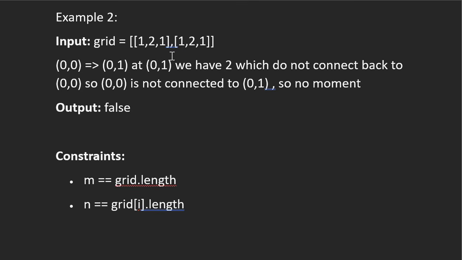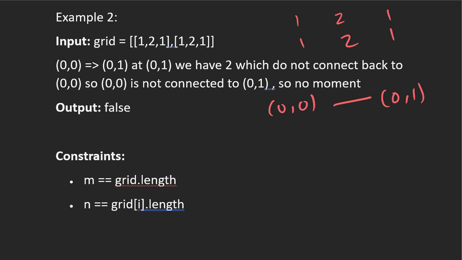Let's see example number 2. We are given the grid as 1 2 1, and the second row also has 1 2 1. Initially we will be at 0 comma 0, and 1 means we can go from left to right. So from 0 comma 0 we can go to 0 comma 1.